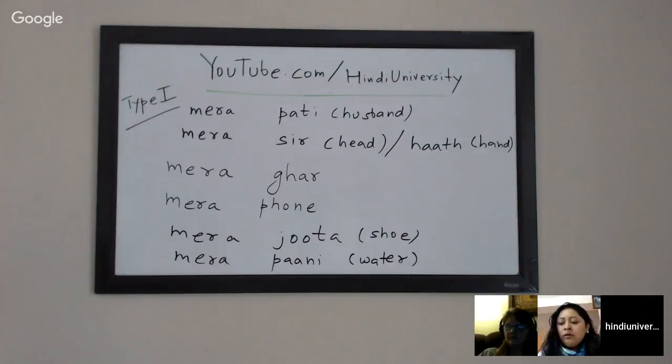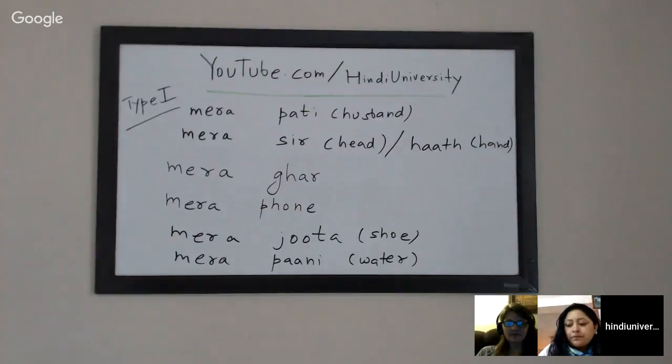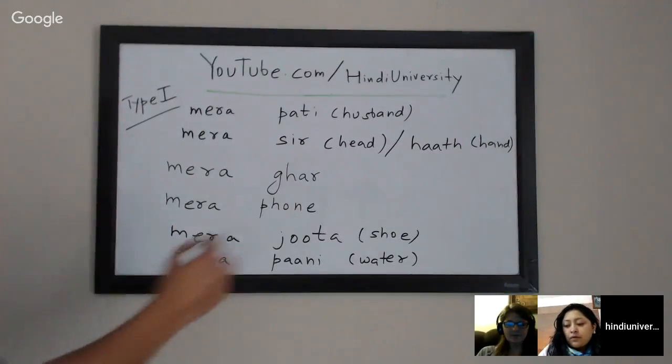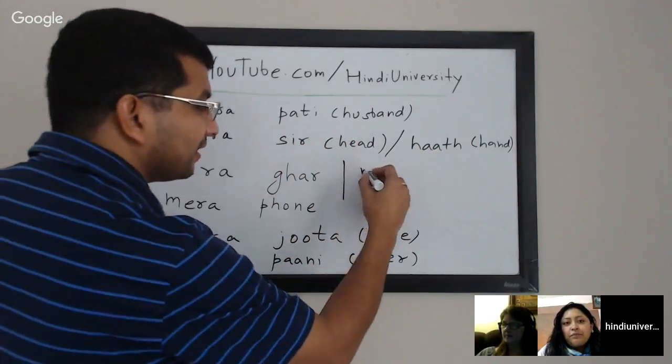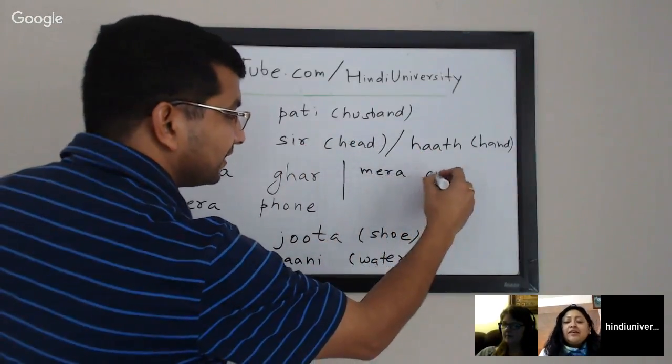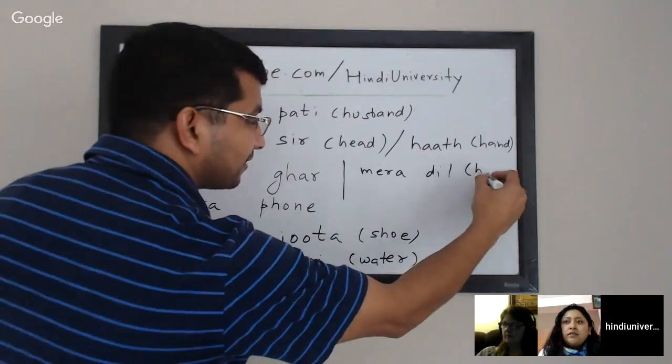Use the chat box to share your thoughts. And I want all of you to participate. Mera dil, okay. Ilina, very good. So mera dil is nothing but heart. So if I were to continue with this, mera sir, mera haath, and mera dil, in this case, you're saying my heart.